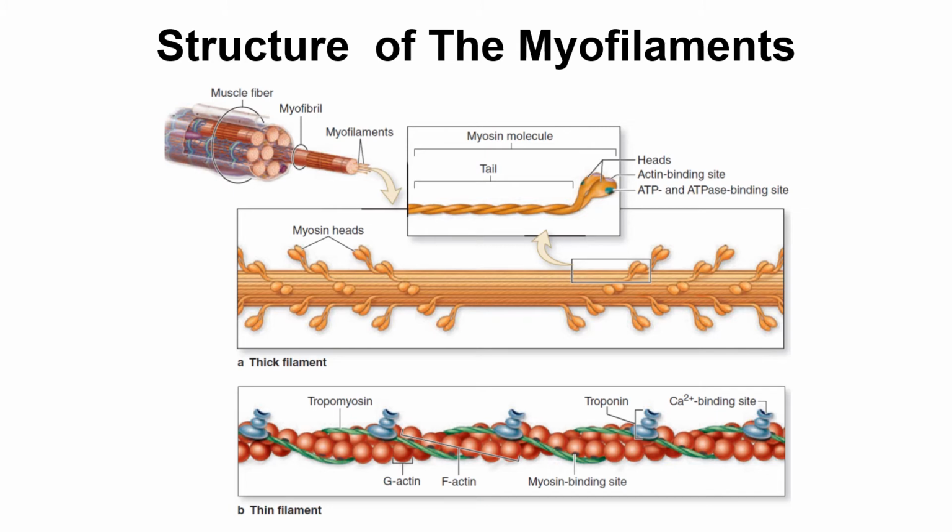The tropomyosin is located in the groove between the actin filament strands. The troponin complex is composed of troponin T, which binds tropomyosin, troponin C, which binds calcium ion, and troponin I that regulates the interaction between the actin and myosin.